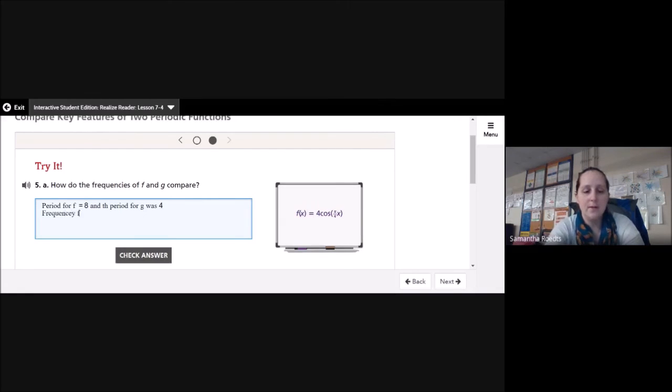So the frequency for f equals 1 over 8, and the frequency for g is 1 over 4. So 1/8 times 2 would give me 1/4. So the frequency of f is half the frequency of g.